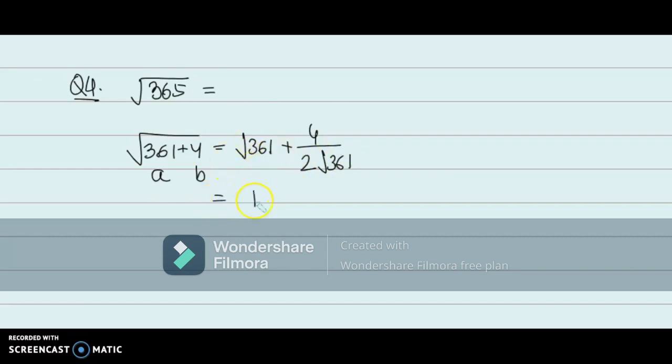So root 361 is 19, and plus 4 by 2 times 19. So you can cancel this 2 and this 4, so it becomes 2 by 19, and when you find out 2 by 19, you will get approximately 0.105. So 19.105.